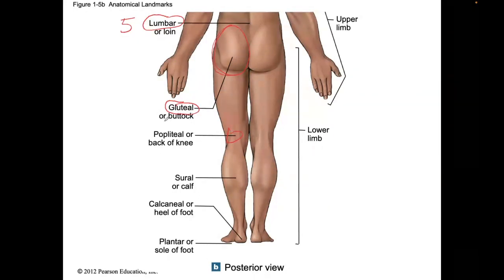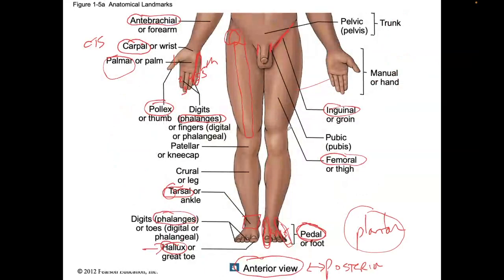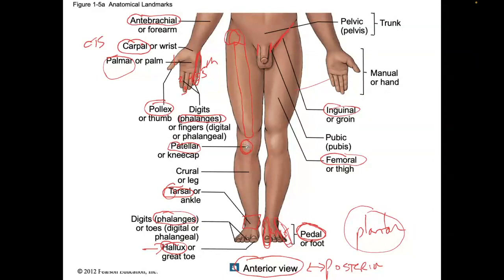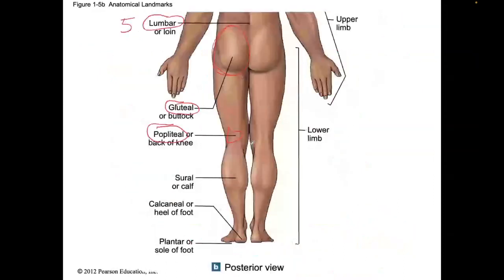The back of the knee is called popliteal, whereas the front of the knee is called patella. So the patella is the kneecap, whereas popliteal is the back of the knee. It's posterior view, popliteal. The calf is sural.